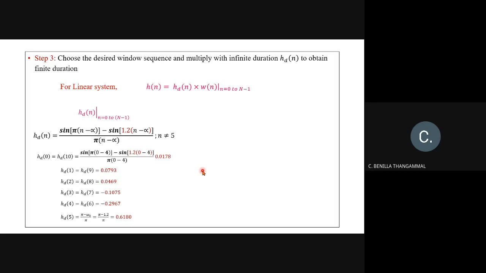Since it is a linear phase system, your Hd of n is multiplied with your window function for the time interval 0 to N. Hd of n is obtained by the formula, and for Hd of 0, you substitute your n value as 0 and alpha is equal to 4.